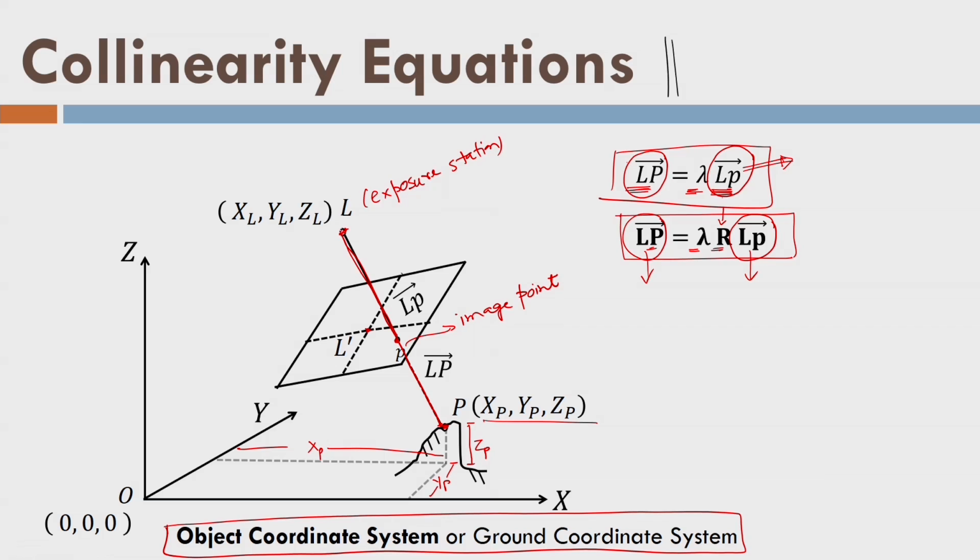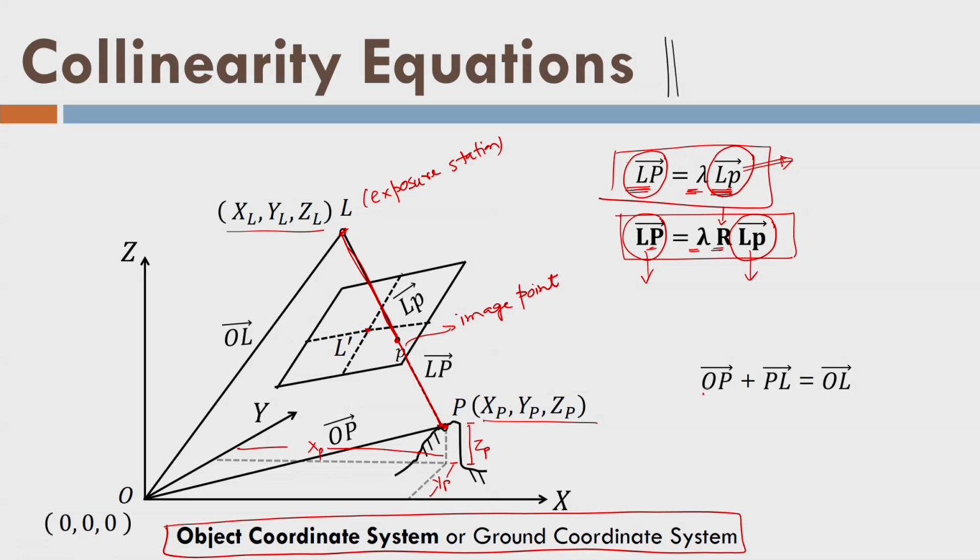Similarly, for this point L, I have 3 coordinates xl, yl, zl. In the object coordinate system, I have this vector OP like this, I have vector OL like this, and so I can write OP plus PL equal to OL. O to P, this vector, plus PL, this vector, is equal to this vector. That is simple vector mathematics.